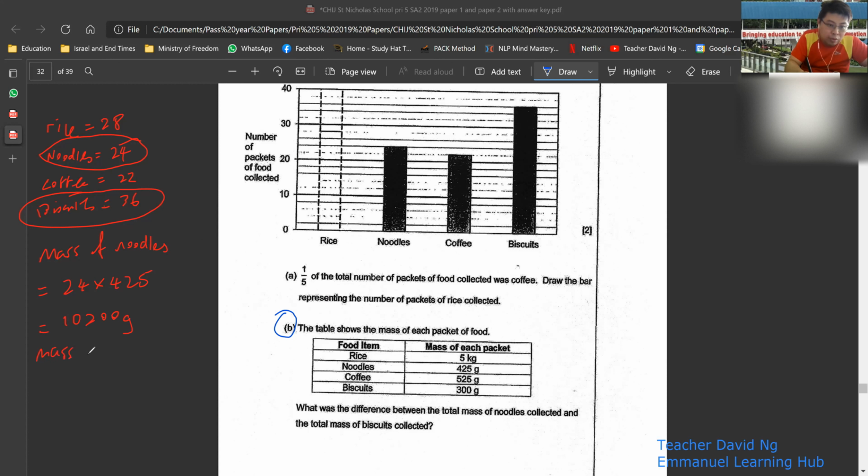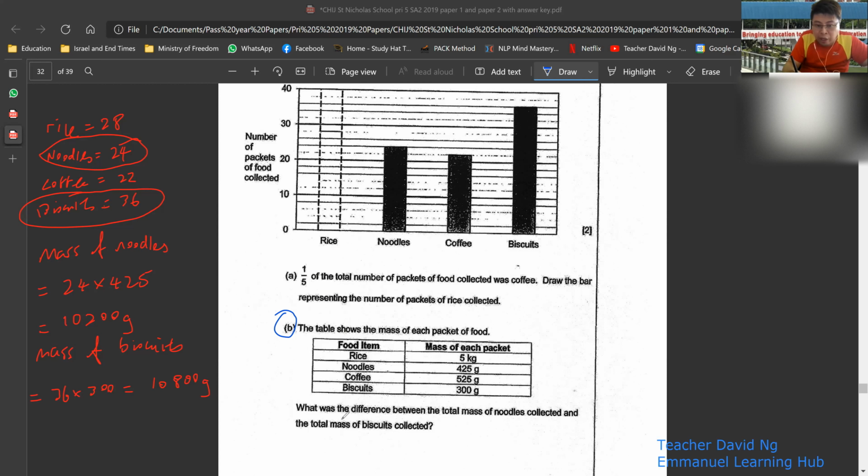Then mass of biscuits. 36 multiplied by 300. Same thing, ask good friend calculator. Calculator will report to you 10,800 grams.